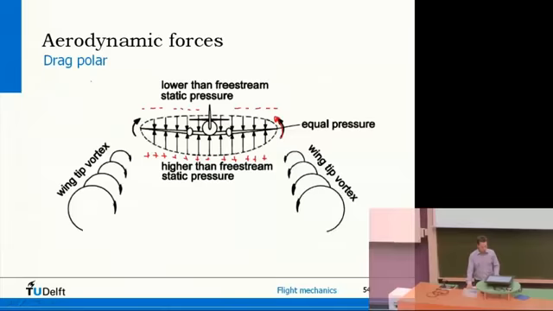Now, as I just showed you in this picture, as soon as you start creating lift on a wing, then there will be a pressure difference between the top and the bottom. So as soon as you start creating lift, then you'll start losing energy in the atmosphere due to these vortices, and therefore you create drag.